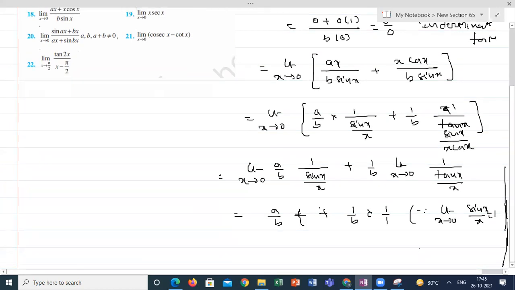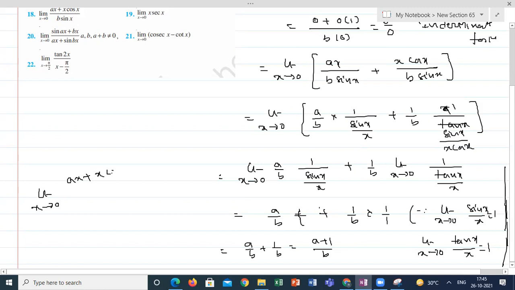In the same way, limit x tends to 0, tan x by x is equal to 1. A by b plus 1 by b can be written as (a plus 1) by b. So the given limit, x tends to 0, (ax plus x cos x) divided by (b sin x), will be equal to (a plus 1) by b.